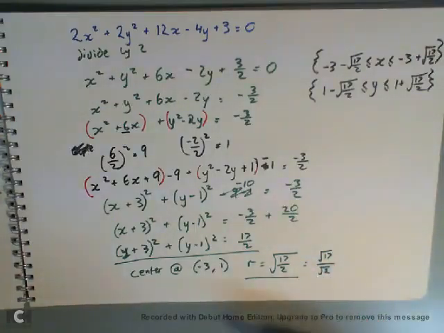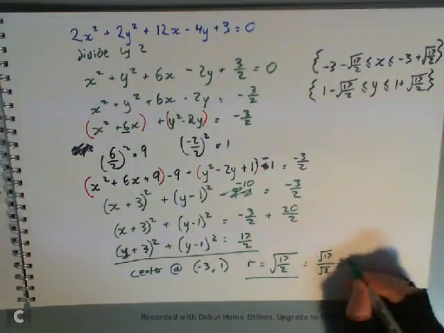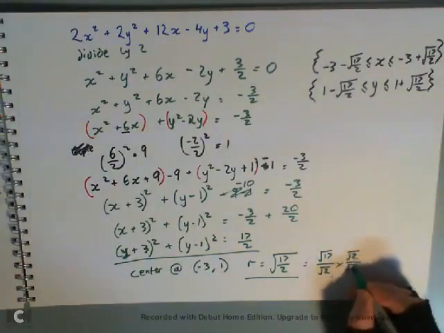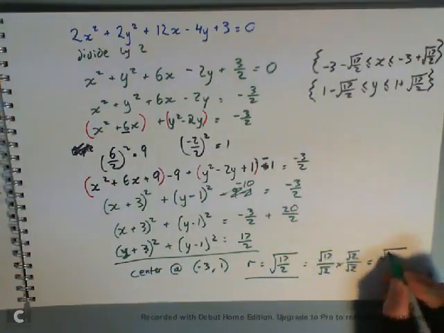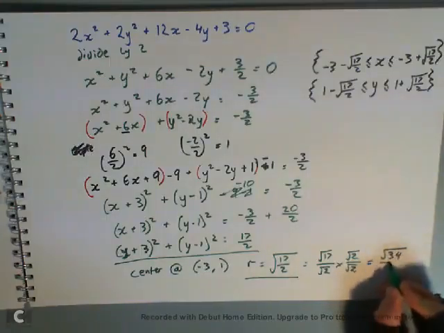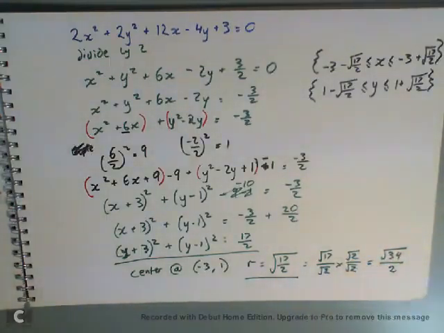Now we don't like surds on the bottom of a fraction, so if we times the top and bottom by square root of 2, it'll be square root of 17 times square root of 2, which is square root of 34. Square root of 2 times square root of 2 is just 2. So that's how they've got square root of 34 on 2.